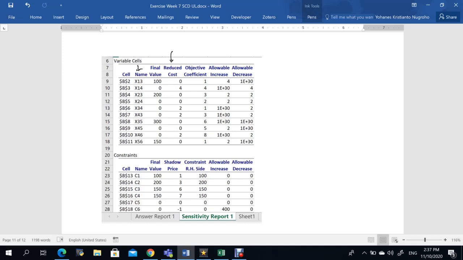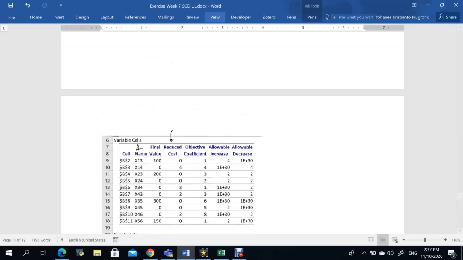And the shadow price explains the amount of resource that can be added to the constraint. For instance, constraint number 1 is the material balance at node number 1.